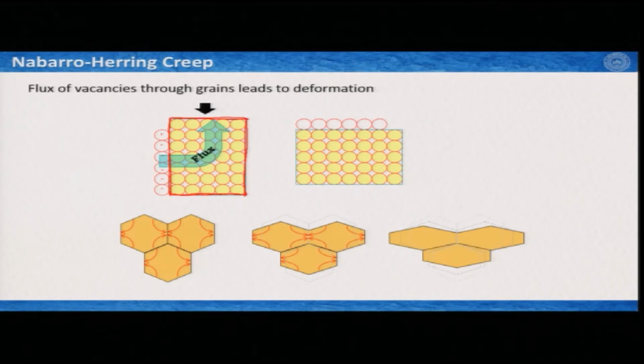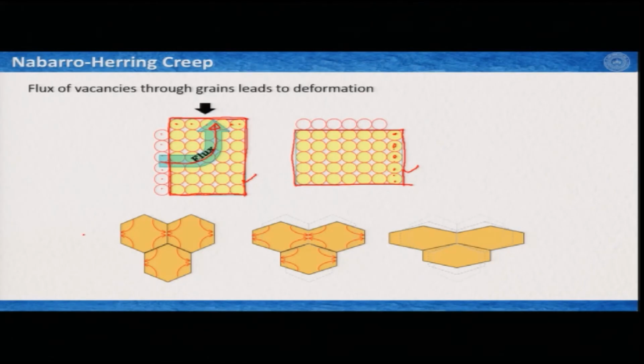In Nabarro-Herring creep, the flux happens through the grain, so inside the grain. These vacancies would move through the grain to here, and they displace these atoms, which come here. Therefore, the shape actually changes from this to this, and you achieve a deformation, you strain the material, you change its shape.